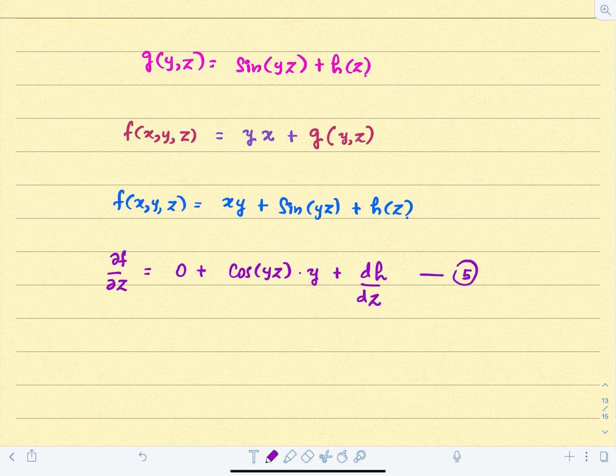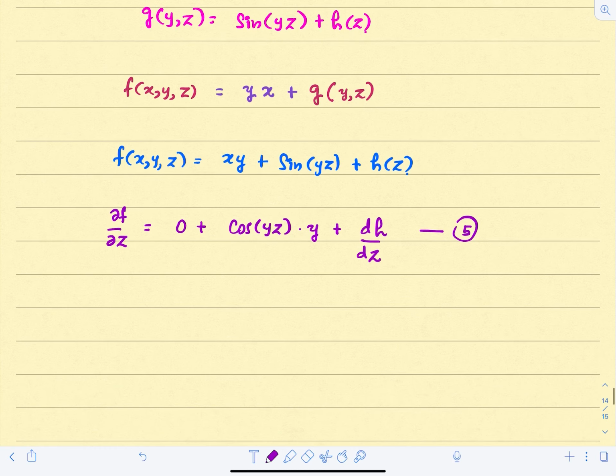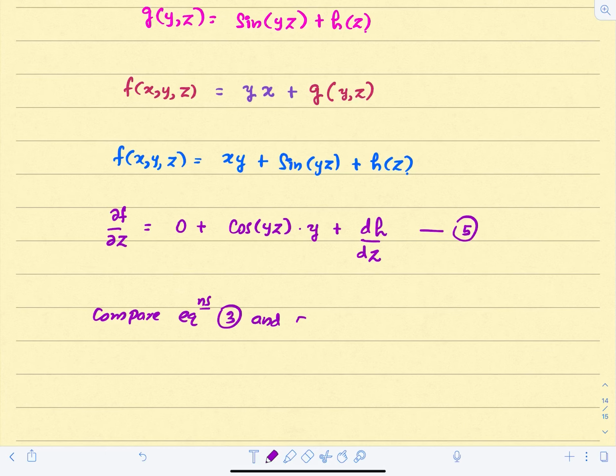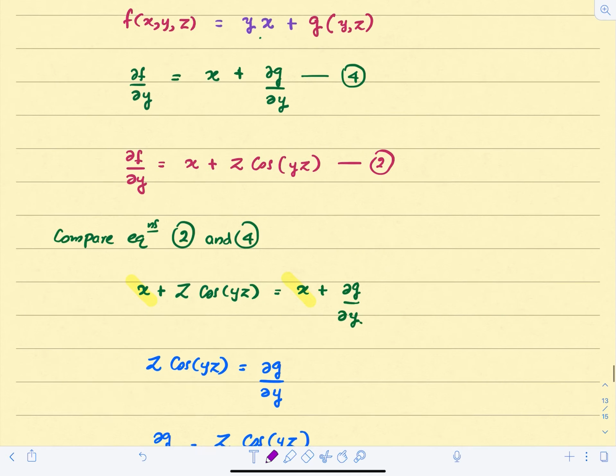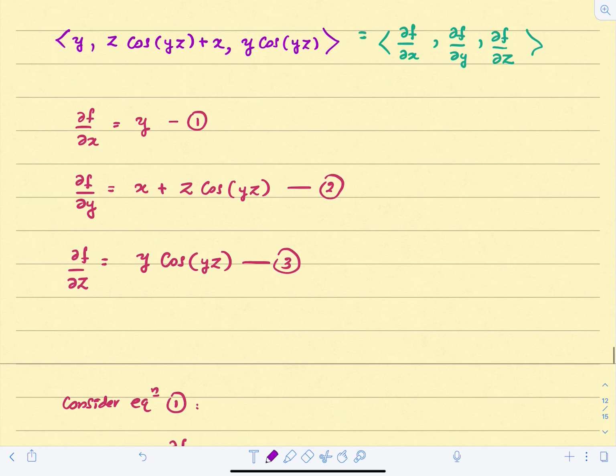So now at this point we have to compare equations 3 and 5. Equation 3 is this.